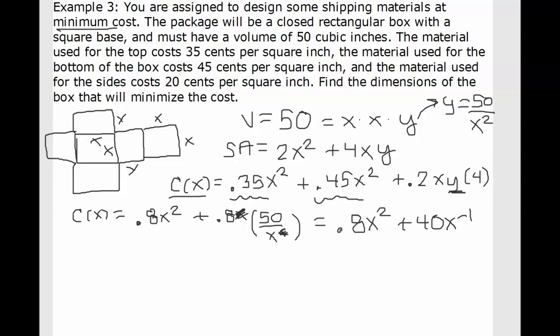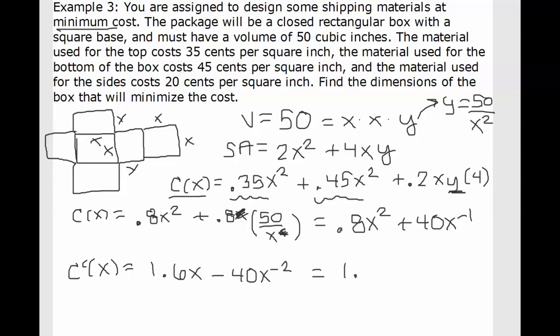And to minimize cost, we're going to find our derivative. So you get 1.6x minus 40x to the negative 2. And again, we know that we want to get that common denominator.